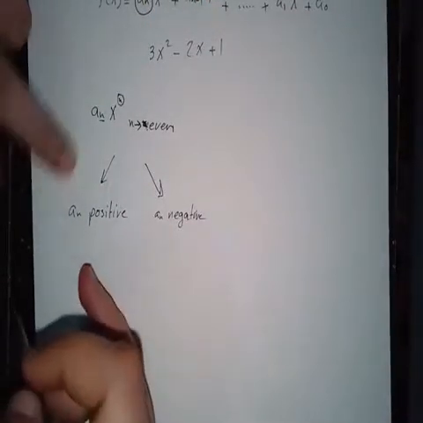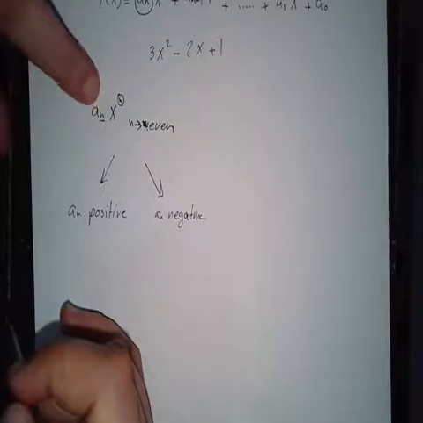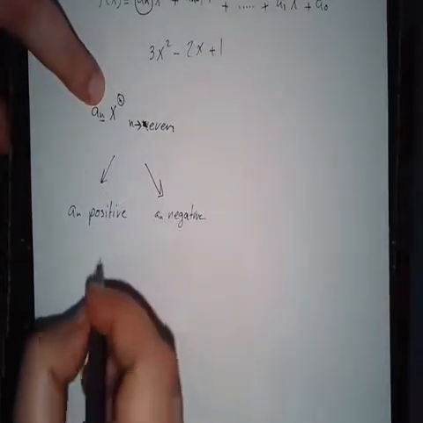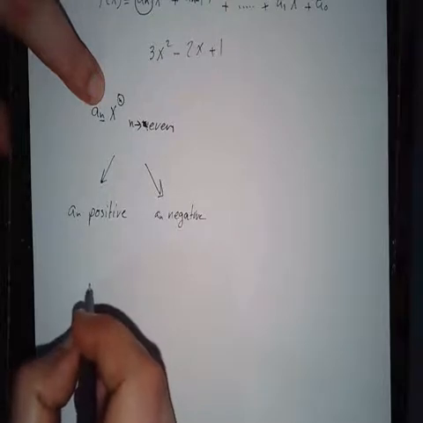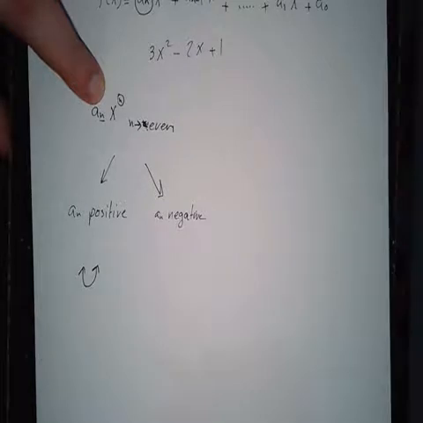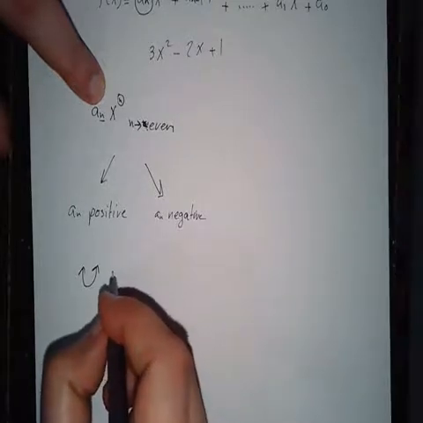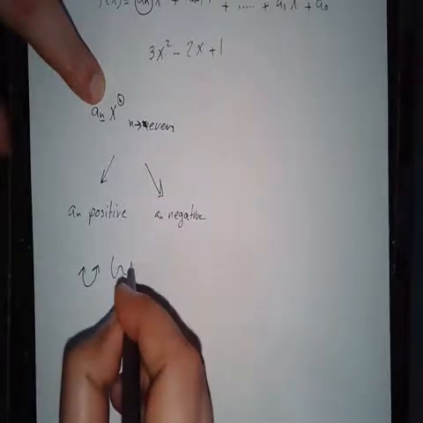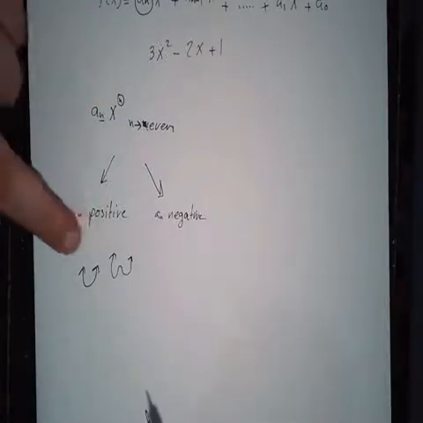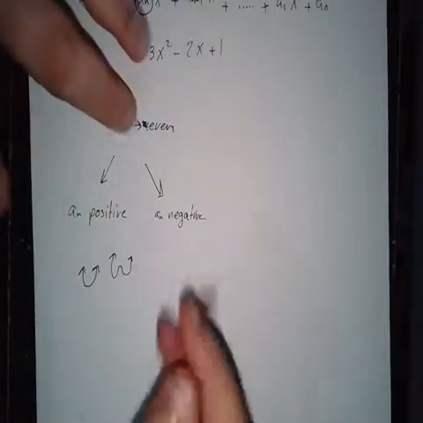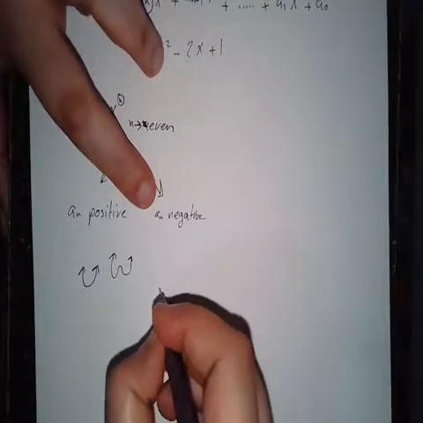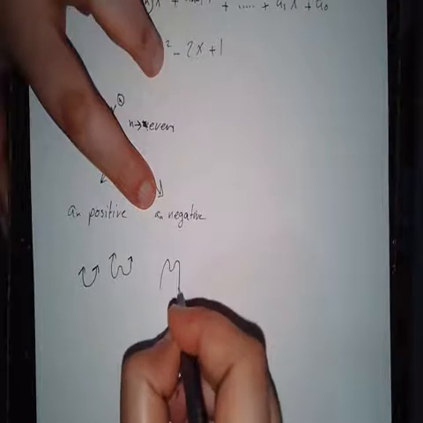If it's positive, because the function we're considering is an even function and a is positive, that means the ends of the function are both going to be pointing up, like a parabola or a function to the 4th degree. Both ends are going to be pointing up. Now, if it's negative, then both ends are going to be pointing down.